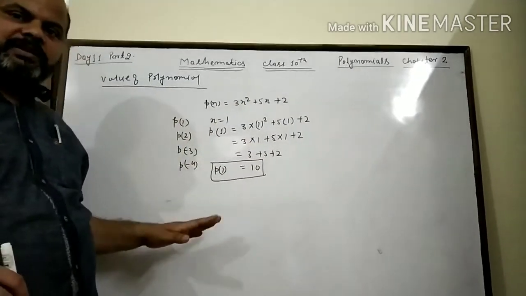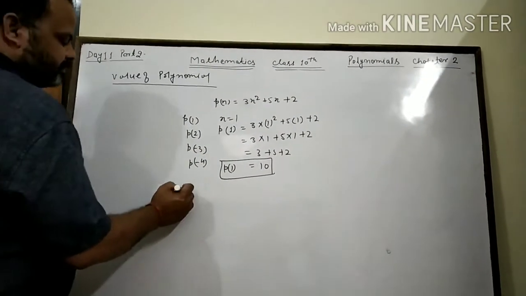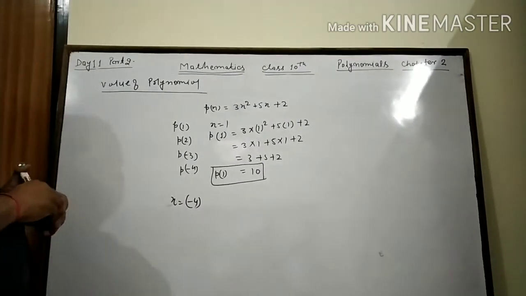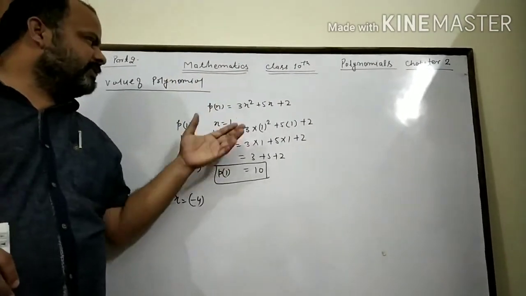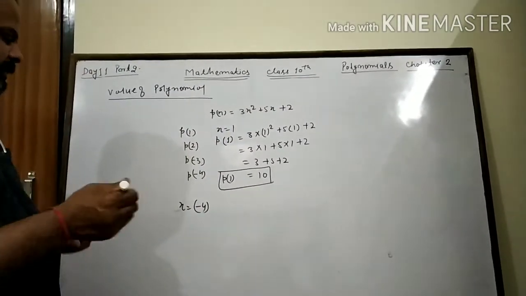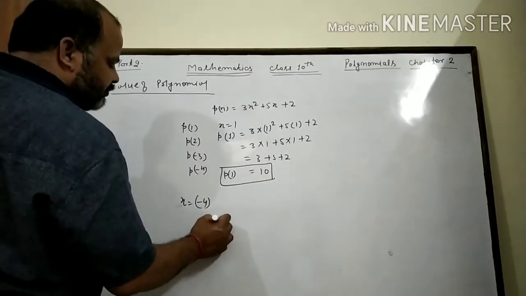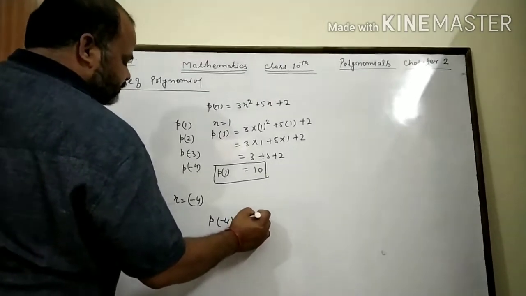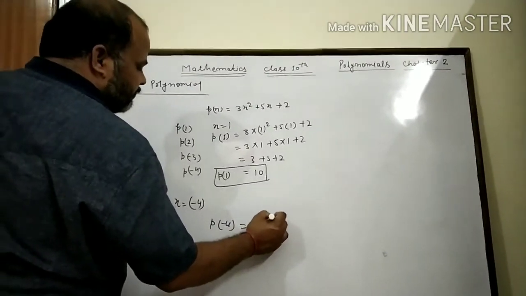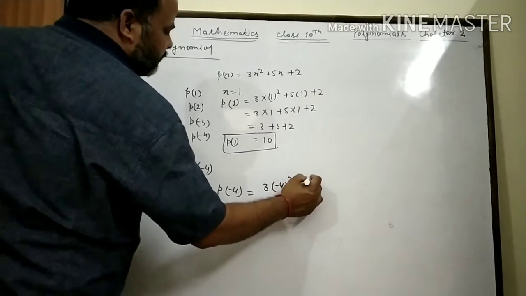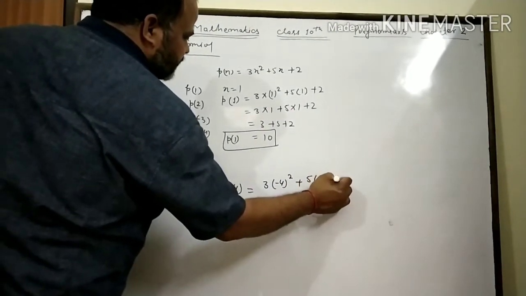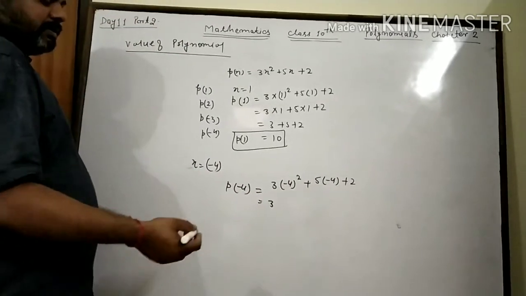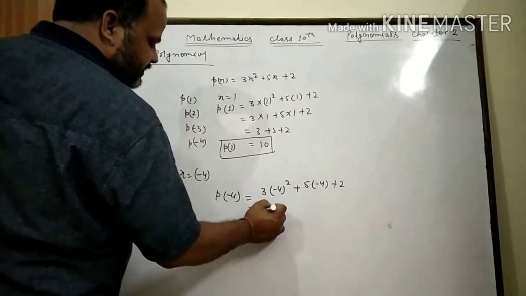It means if you put x is equal to 1 in this polynomial, then the value of this polynomial is 10. In the same way you can find for x is equal to minus 4. It means in place of x you put minus 4. Then p(minus 4) is 3 into (minus 4) square plus 5 into (minus 4) plus 2. You know that minus square is plus and 4 square is 16.